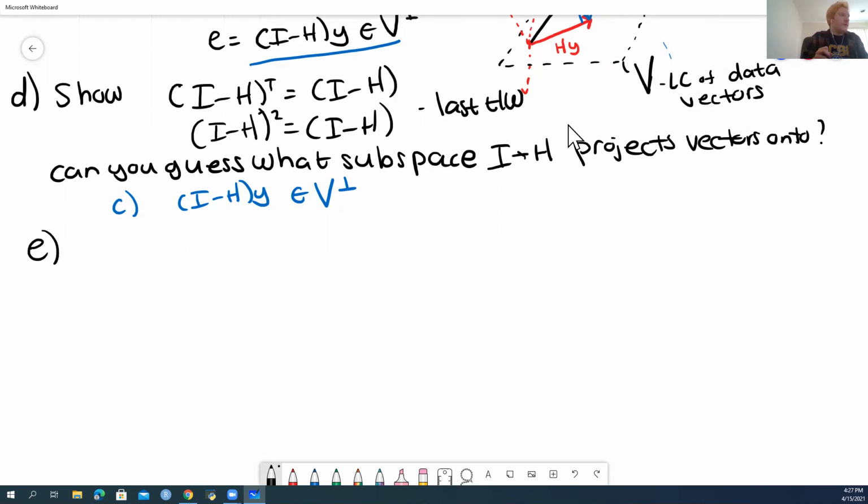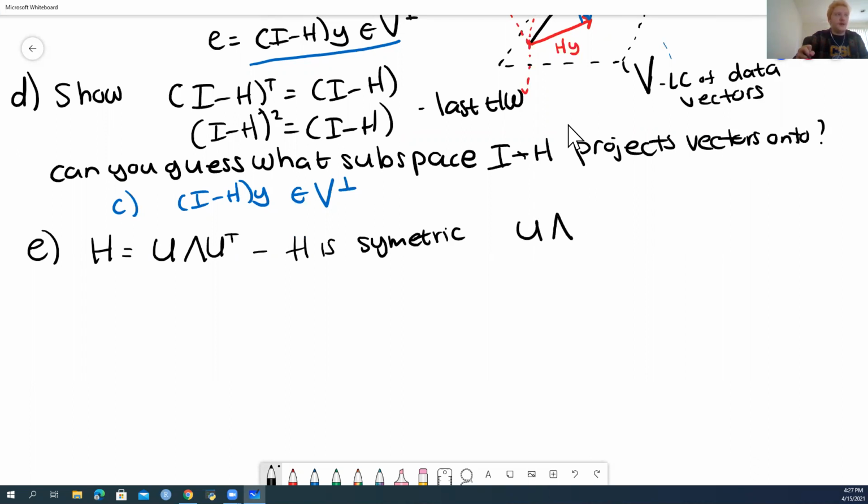Okay. So basically, then it says that H is symmetric. So H can be decomposed into U lambda U transpose. The reason that it can do this is H is symmetric. If H was not symmetric, in case you're curious, you could write this as U, something, and then V transpose, I believe. Don't quote me on that. Actually, that'd be wrong.